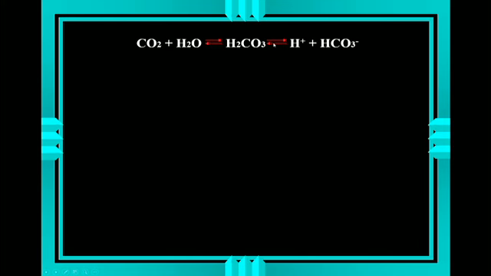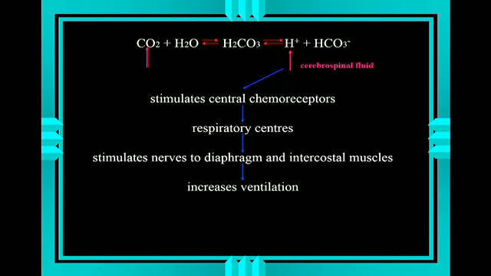By that I mean that if you increase the partial pressure of carbon dioxide, the concentration of carbon dioxide, as I said earlier, we tend to use the word partial pressure when we're talking about gases in solution. It's the same as concentration, if you like.